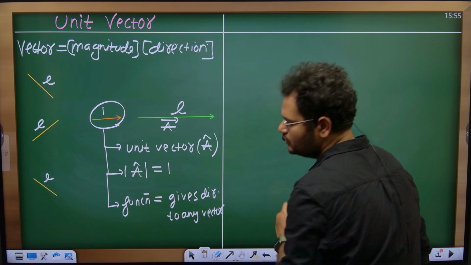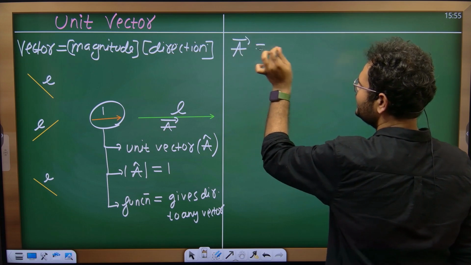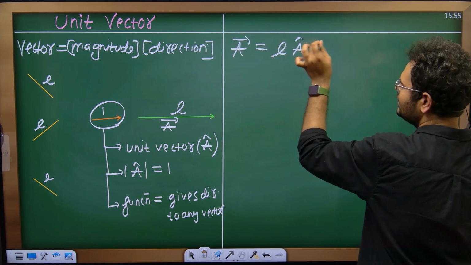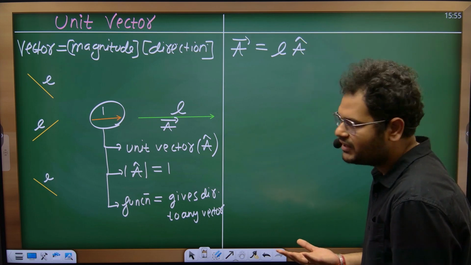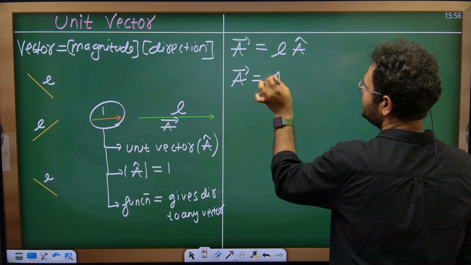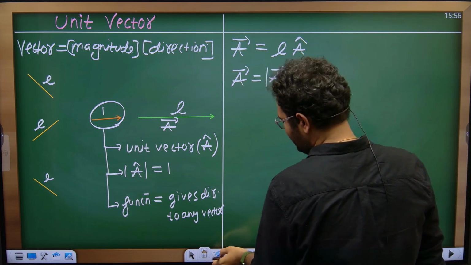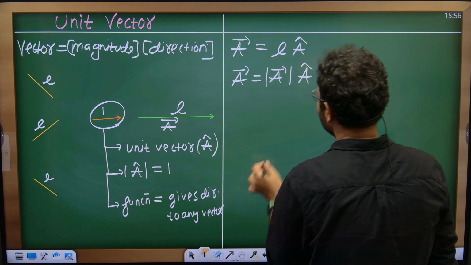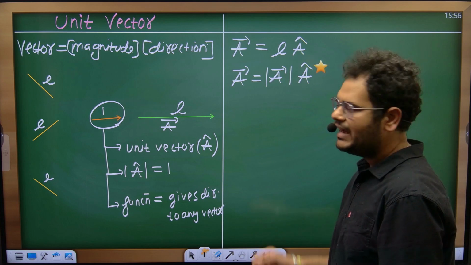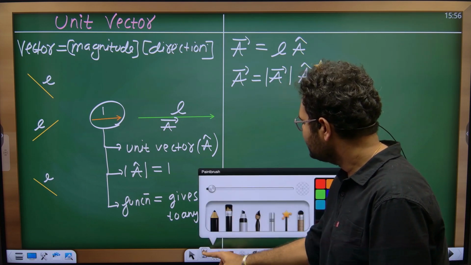Suppose I want to write a vector A, how will I write it? The vector A will be written as its magnitude, which is L, times the direction, A cap, that is the unit vector. So very important: any vector can be written as magnitude times direction, and the direction is represented by the unit vector.